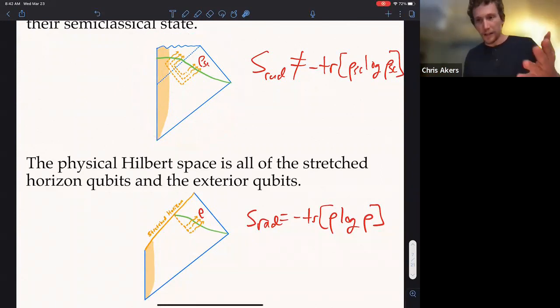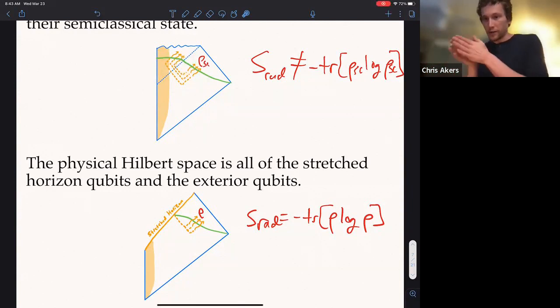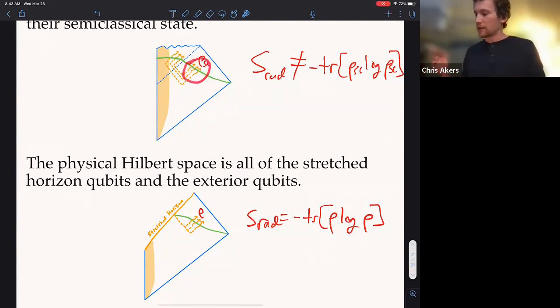Some people talk about these wormholes, these replica wormholes, or you might invoke the fact that you really can't tensor factorize the interior and the exterior. So you can't honestly, after the Page time, compute the entropy outside, etc.